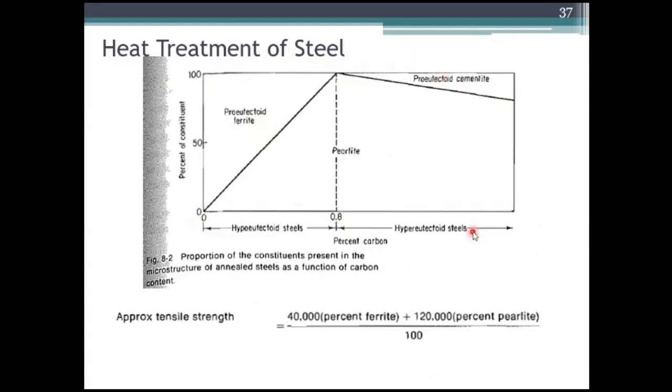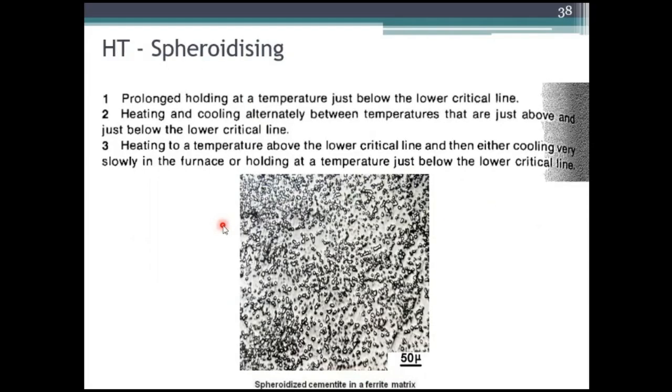When it is hypereutectoid steel, you will get the cementite above 0.8, but ferrite you will get from 0 degrees Celsius itself, but with a lower percentage of carbon. So that is the main thing.